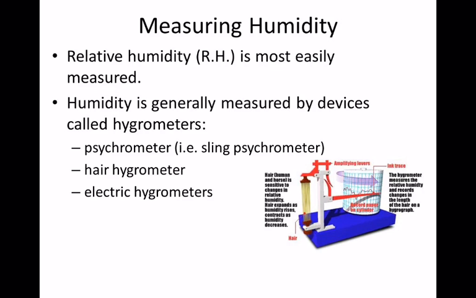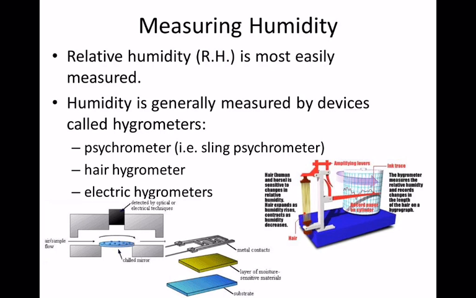And then this barrel, remember we talked about barrels that you can wind up, it goes around and the needle moves up and down depending upon what the hair does. The other type is electric hygrometers. I brought in a couple of pictures from the internet, some interesting techniques there.